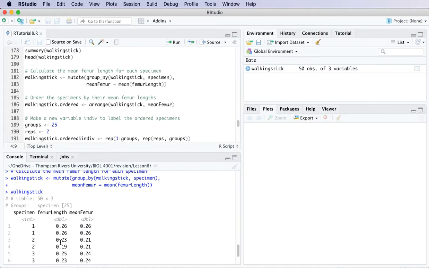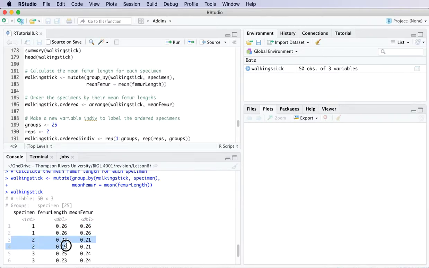So now we've got a new data frame essentially, where we've got the individual walking sticks. For example, walking stick number 1, this column here is the femur lengths. So 0.26 was the first measurement, 0.26 was the second measurement. The average of those is 0.26.